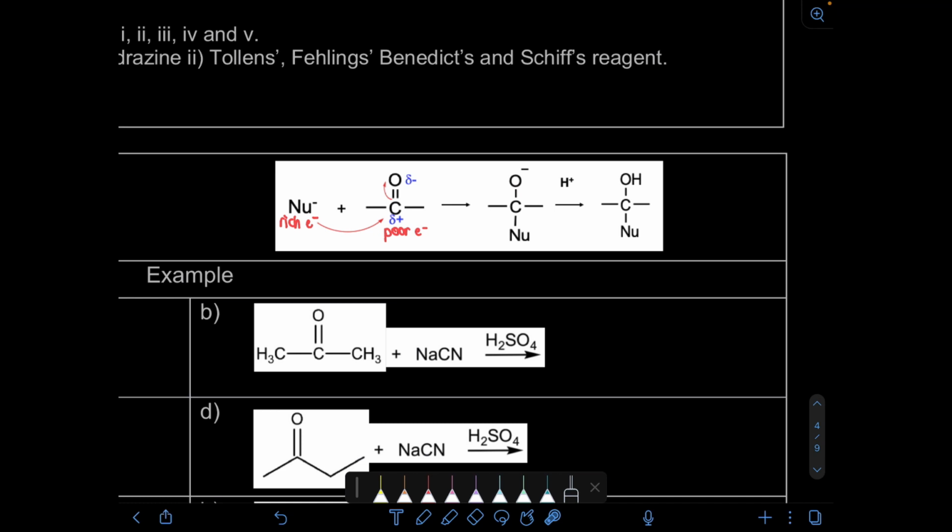Sebab dia adalah electronegative atom kan. Okay, sebab sebenarnya negative charge ni akan destabilize our oxygen. So, kita akan undergokan dia dengan hydrolysis. So, yang ni ada H+, ada kita akan jumpa H2SO4 boleh, H3O+ pun boleh. So, what happen here adalah this acid will give our oxygen the hydrogen lah. So, that's why lah from O- akan jadi OH.